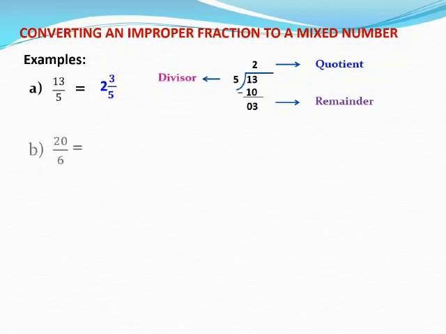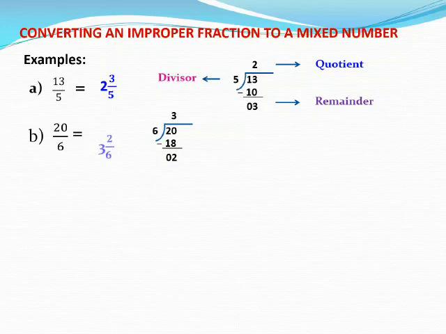Let us see the next example. B. This is 20 by 6. First step, divide 20 by 6. The quotient is 3 and the remainder is 2. Now, how to write it in the form of a mixed number? First, we write the quotient as the whole number part.